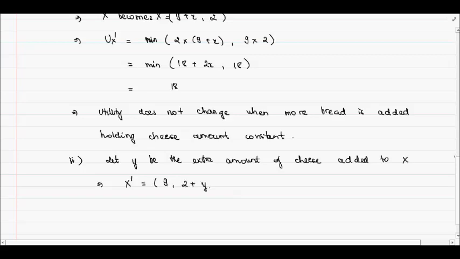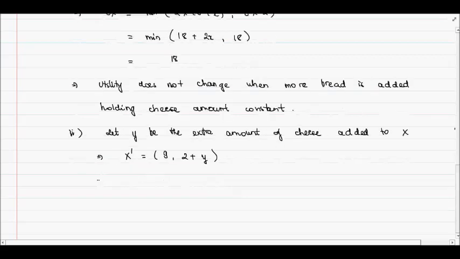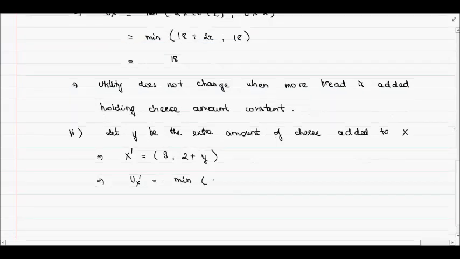plus the extra amount, which is y. That is our new consumption bundle, and the utility of this bundle is going to be the minimum between the value of bread, which is 2 times 9, and the value of cheese, which is 9 times (2 plus y). That is just the minimum between 18 and, if you expand this, 18 plus 9y.